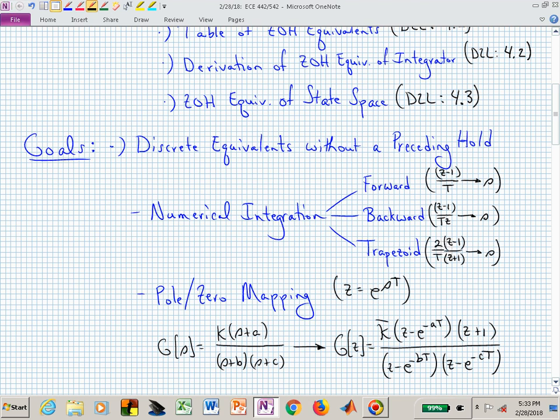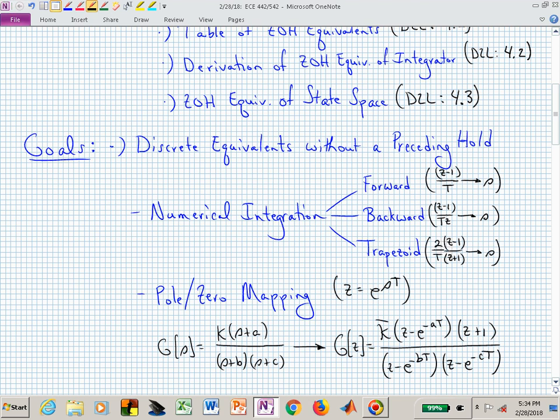And we'll work through many different ways. We'll do numerical integration, which conceptually is not difficult in terms of how you find the G of Z. You simply start with a G of S, and depending on which of these numerical integration approaches you want to use, you simply replace every S with the appropriate argument that involves Z and maybe a capital T. We'll go through where those come from in this lecture.